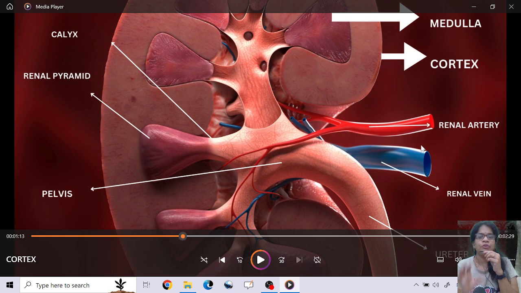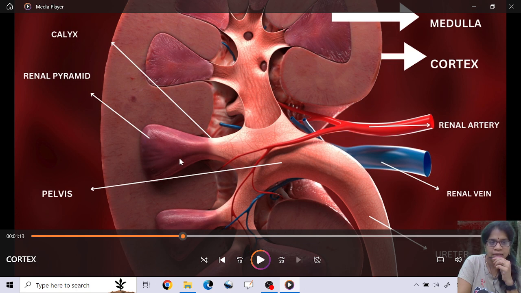That is why there should be a supply of arteries and collecting vessels called veins for every kidney. This particular kidney is supplied with a renal artery. This renal artery supplies blood to the kidney, where it enters the outer cortex and inner medulla. This is your medulla part, and this is called the calyx.